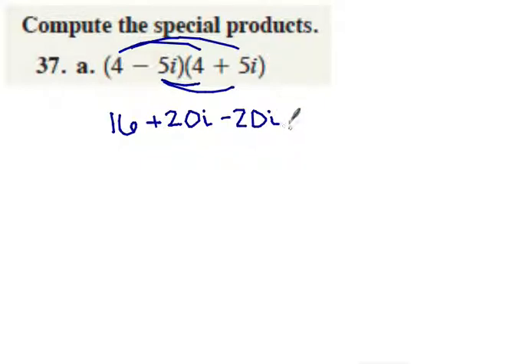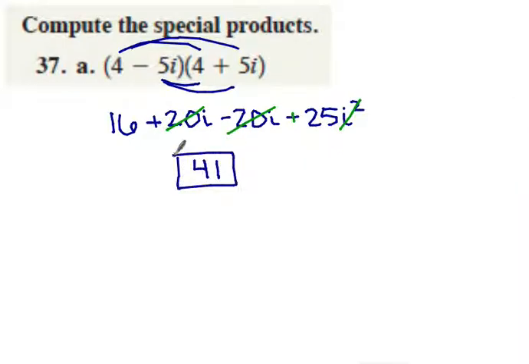And then negative 5i times 5i gives us negative 25i squared. And so what we notice is our two imaginary terms cancel with each other, positive and negative 20i. And then we will recognize that i squared can just become a negative 1, so that becomes plus 25. And so we'll get 16 plus 25, and this simplifies into one real term of 41.